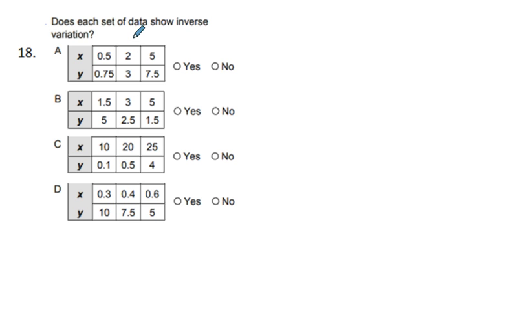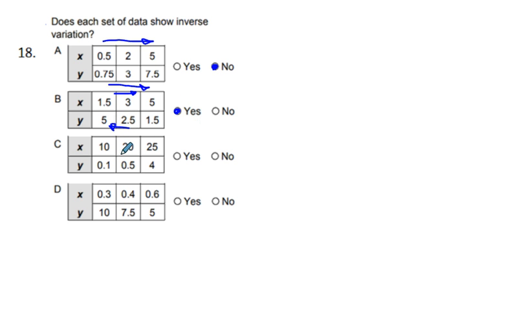18: does each set of data show inverse variation? So what you're looking for is inverse variation. You're increasing in opposite directions. Here in A, you're increasing in the same direction, so we are not having inverse variation. Now for B, we're going down, up here, down here. So yes, inverse variation.